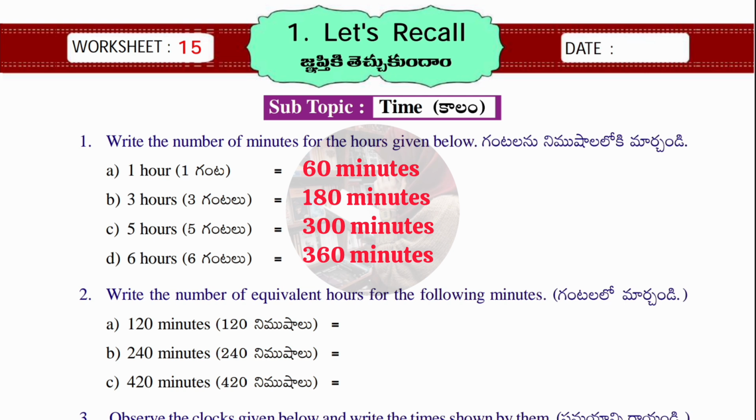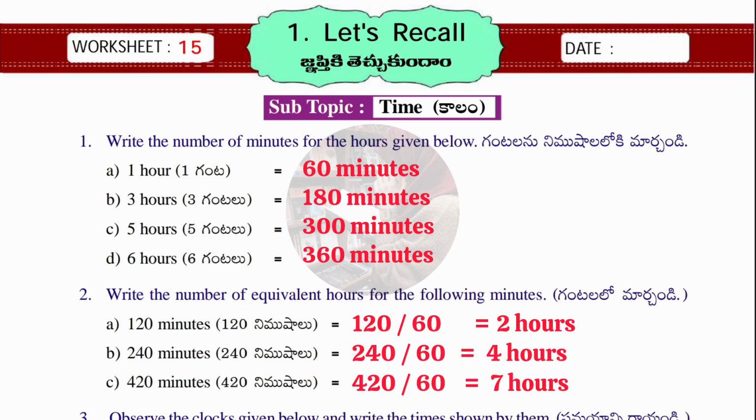Understood? Let's move on to the second question, which is write the numbers of equivalent hours for the following minutes. Okay, here some minutes are given. We need to write down the equivalent hours for that. Okay, let's see. First one is 120 minutes. If you want to convert minutes into hours, what you have to do? You need to divide the given digits by 60.